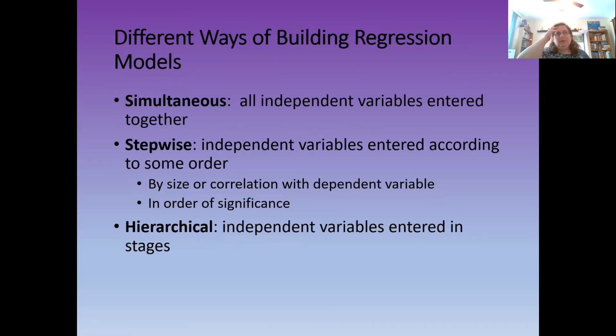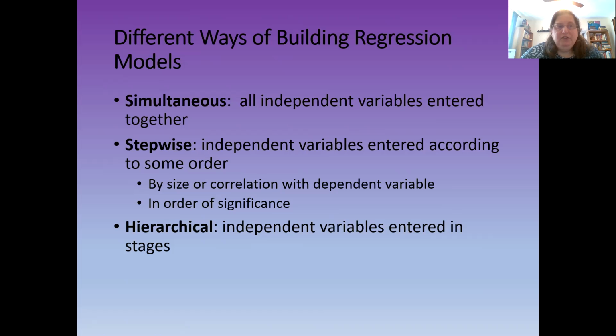Okay. Now, I just want to share with you a little bit about different ways of building regression models. There's simultaneous, where all the independent variables are entered together. That's what we've been talking about, and we'll probably continue to talk about. Stepwise is when independent variables are either entered or removed from the model according to some order.